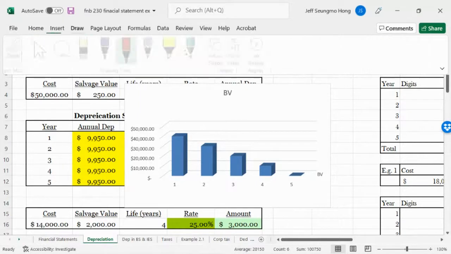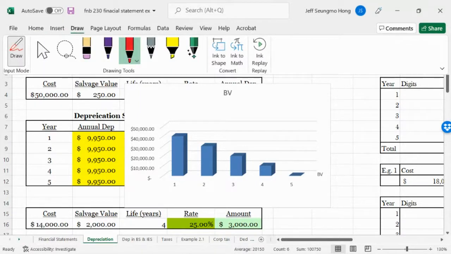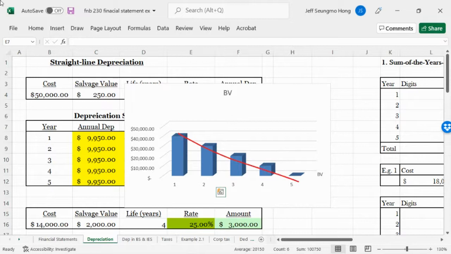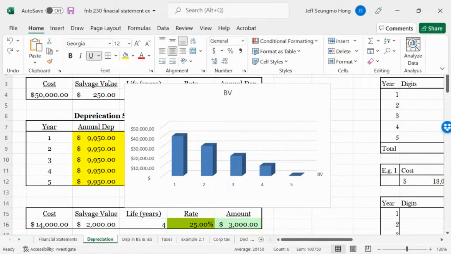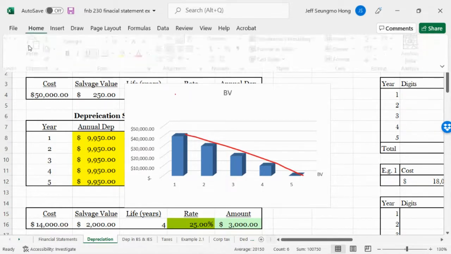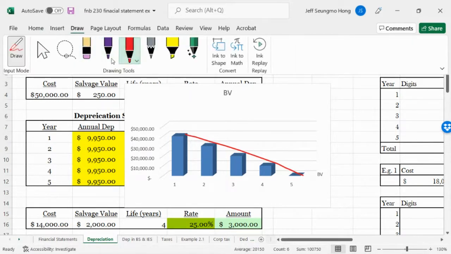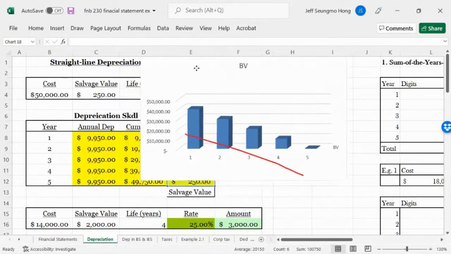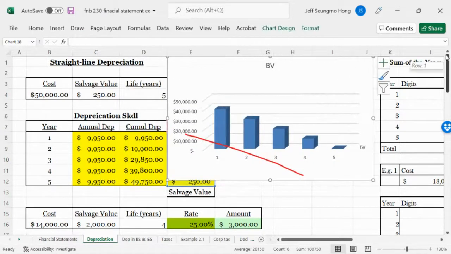If I connect it, that's why it's called straight line depreciation, straight line, right? Okay, let me move this somewhere.